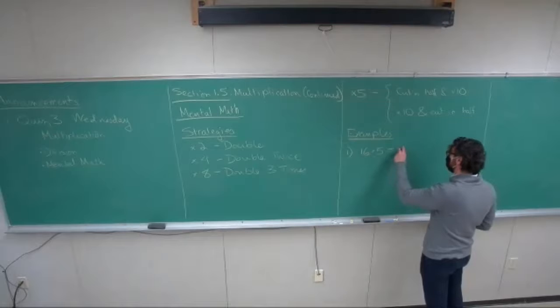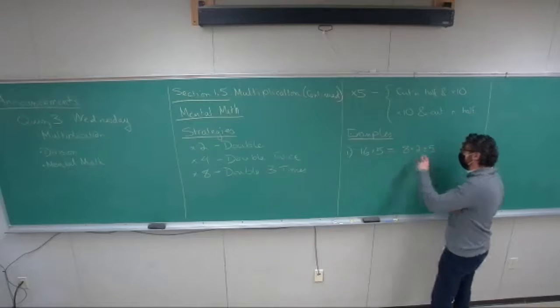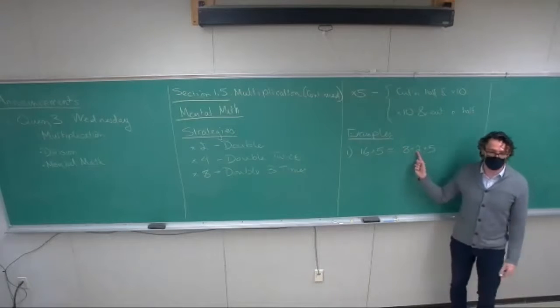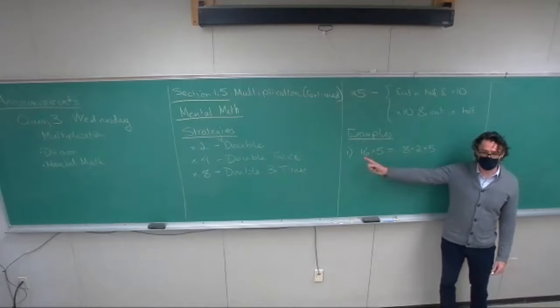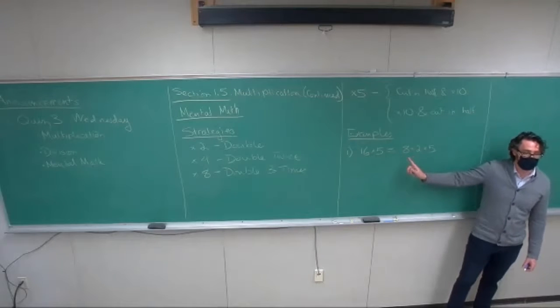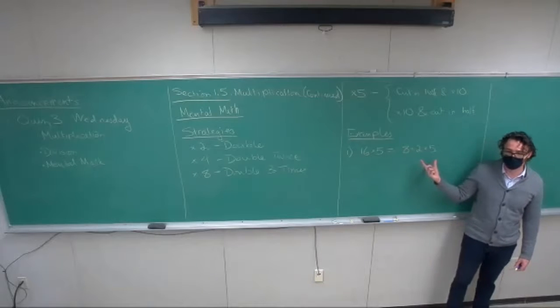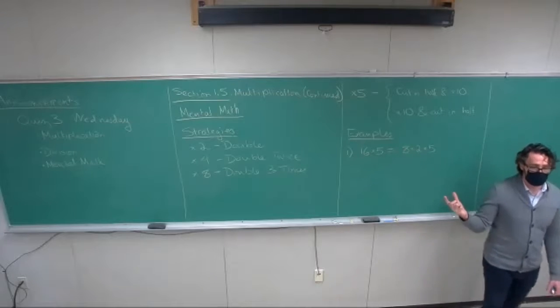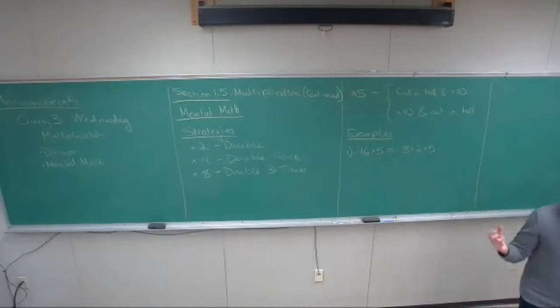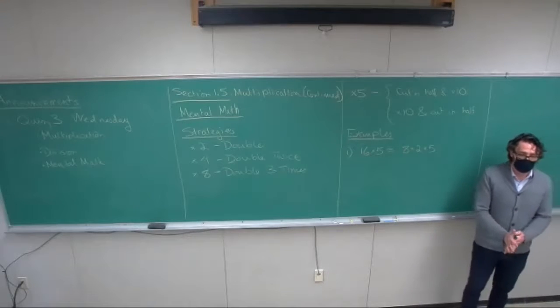Okay, basically what we're doing is this. The 16 has a factor of 2. That's why we can cut it in half and get 8. What makes looking at the problem this way useful? 2 and 5 makes 10.